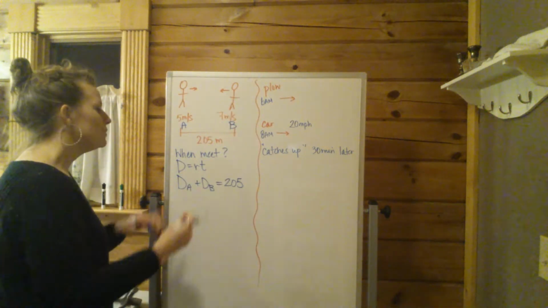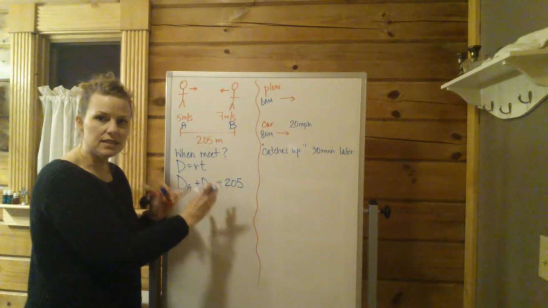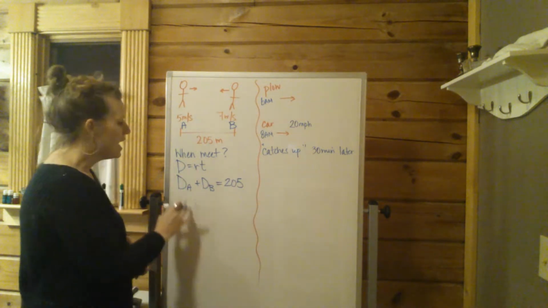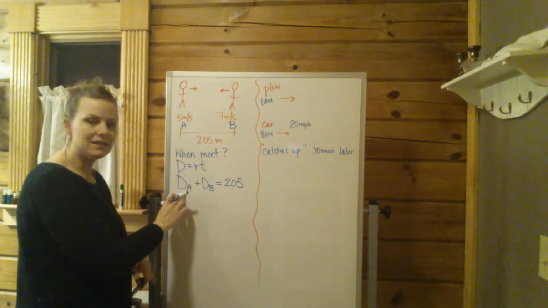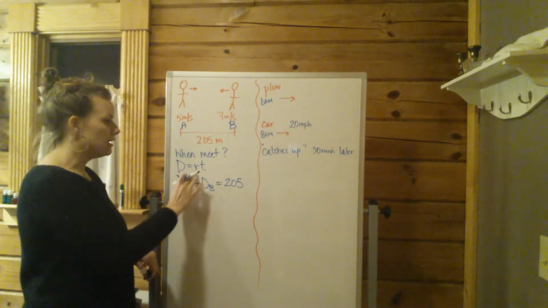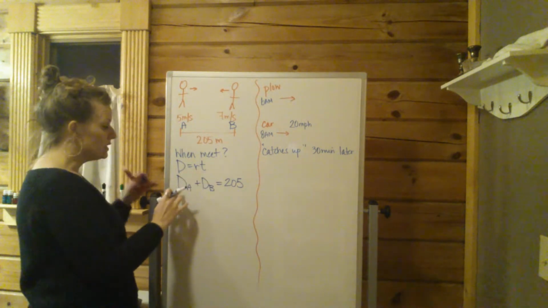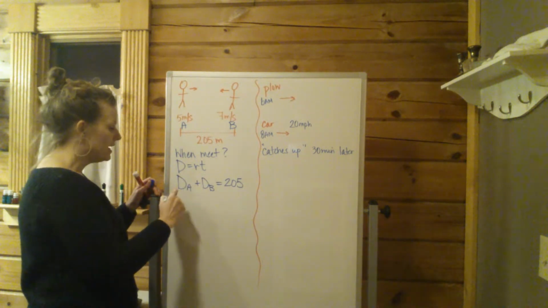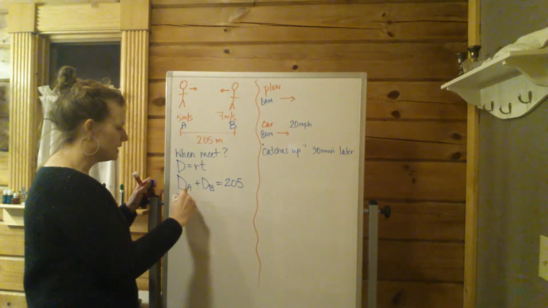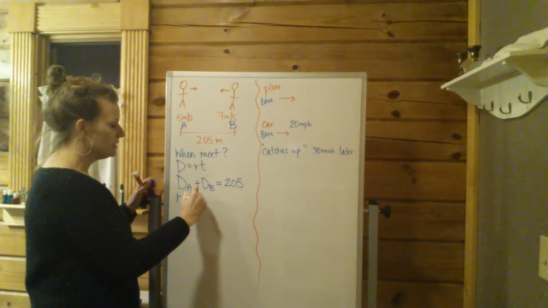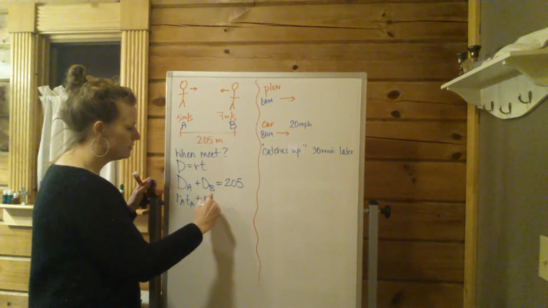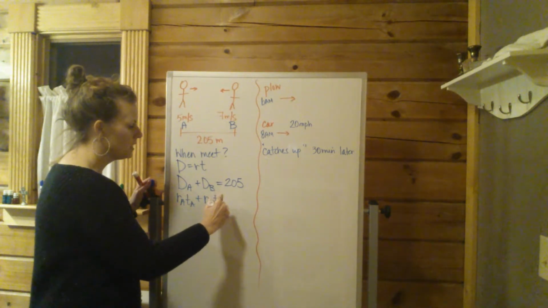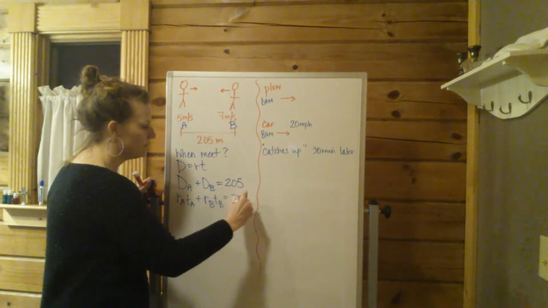All right? So now, if you understand that the distances are going to add up to something, now you can represent their distances in terms of rate and time. So the distance of guy A is his rate times his time. Distance of guy B is his rate times his time. They're still going to equal 205.